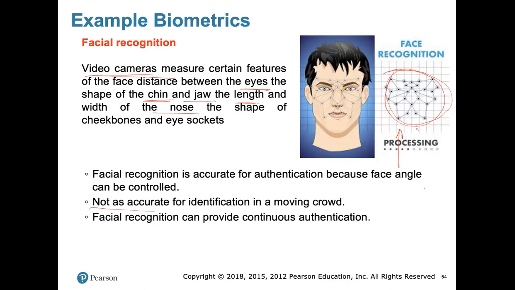So it is not as accurate as iris or retina based authentication, but it is still good. And again, it can be used for continuous authentication, which means that we can make sure that this is the right person using the system for the whole period of the session, not only at the very start time.